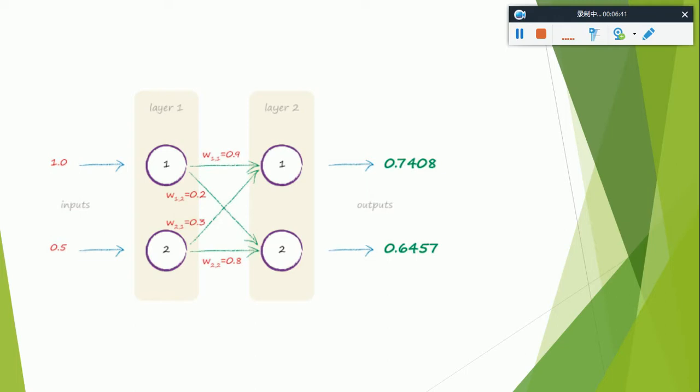The input of node 1 is 1 times 0.9 plus 0.5 times 0.3, which should be 1.05, but it outputs 0.7405.